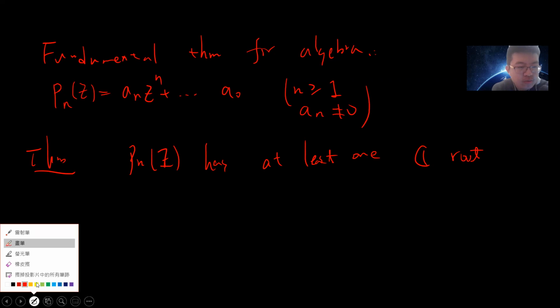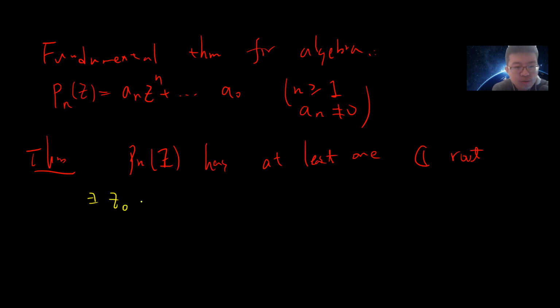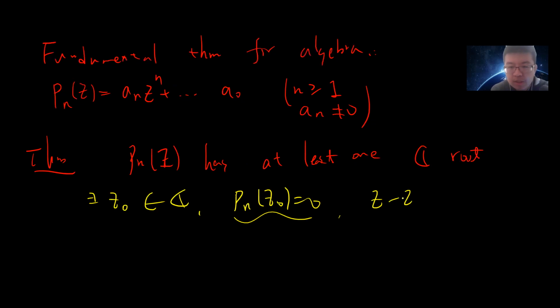That is, there exists a z0 in the complex numbers such that P_n(z0) is 0. Once you know there is a root, you can divide P_n(z) by z minus z0 and keep going, using the theorem. So you can easily show that there are n complex roots, counting multiplicity.